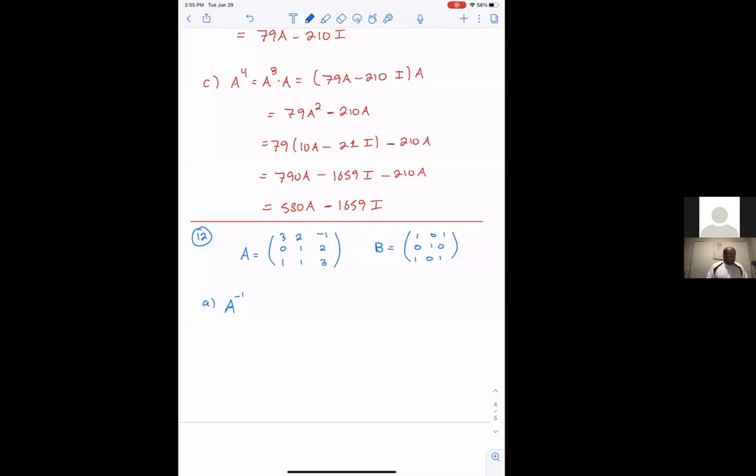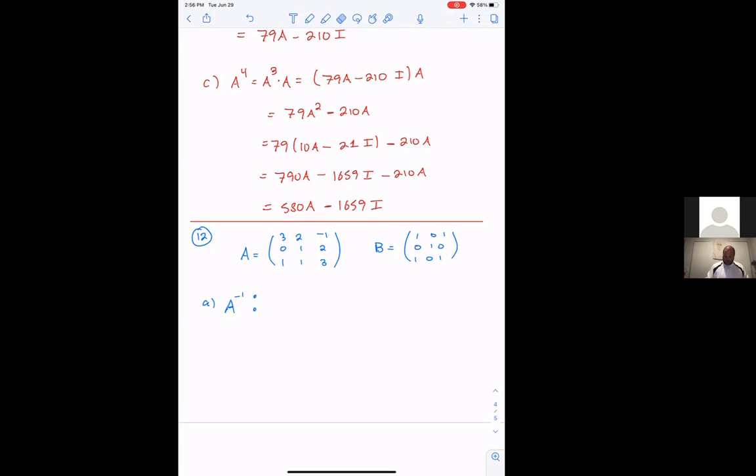Apparently it's not, or at least nobody's recognized it as a typo. I still think it is, but just in case, let me show you the method for finding the inverse of a 3x3 matrix. Actually, the method is kind of tough. I'm going to assume it's a typo, and let's just find it on the calculator.